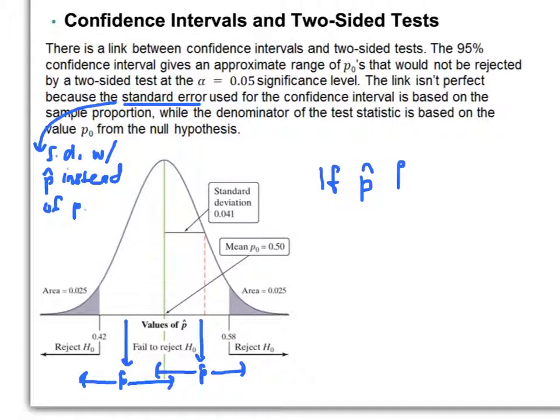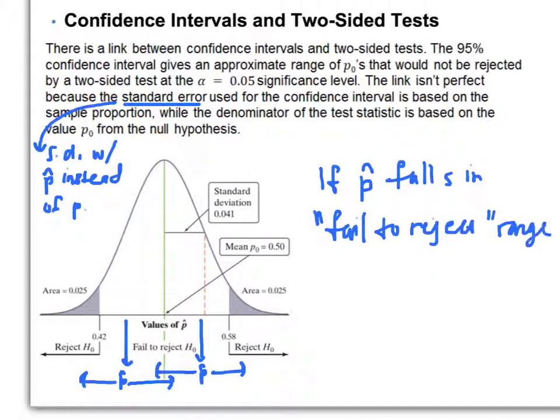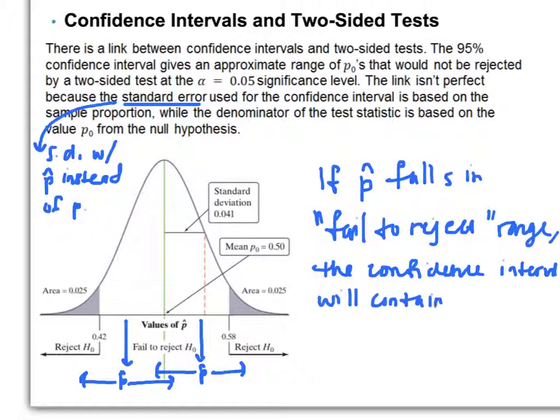If p hat falls in the fail to reject range, the confidence interval will contain the value p from the null.